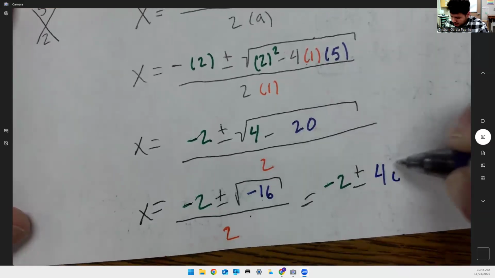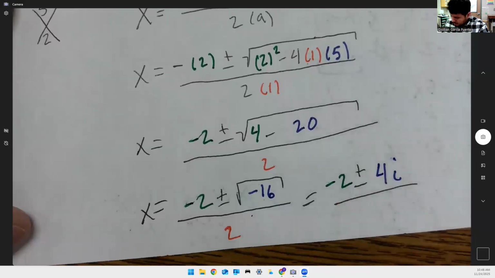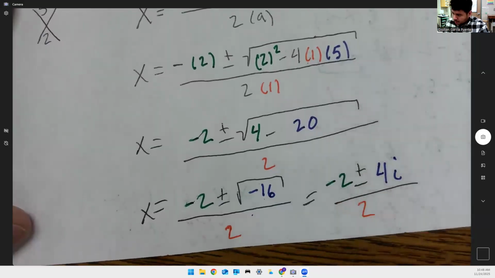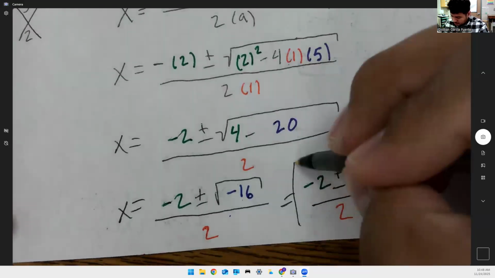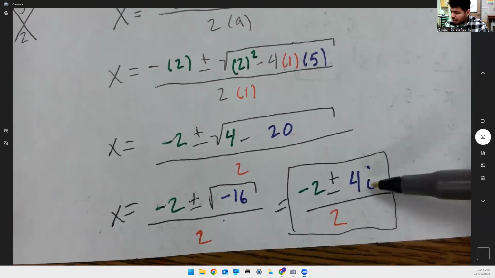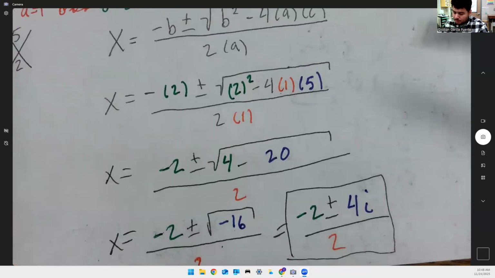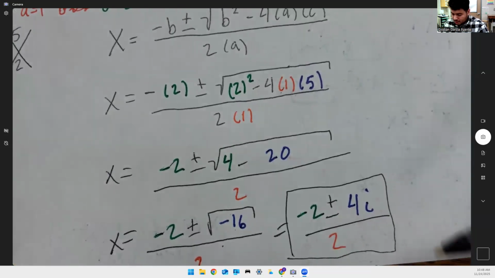We add an i, all over 2. And that right there would be our answer. And whenever you have to use the quadratic formula and you have an i in there, you don't have to worry about it being part of your excluded values. So you are done right here.